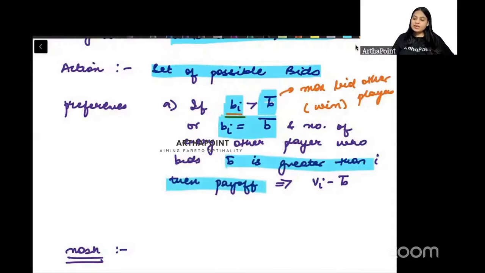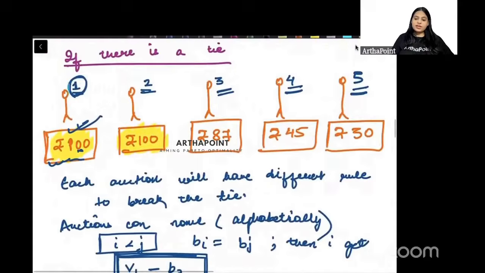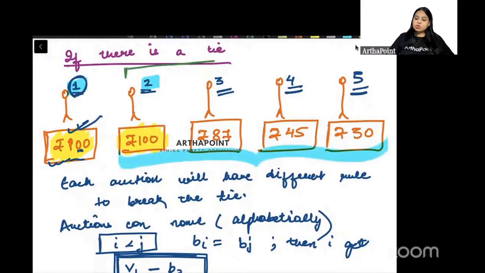So if your rank is less, जैसे यहाँ पे था, if you have a rank of 1 and other has a rank of 2, rank माने number ऐसे assign किया हुआ है कि ठीक है, envelope number 1, envelope number 2, envelope number 3. So all 3 have given the same bid. तो among other players देखो, the maximum among other players is also 100 and your bid is also 100, right?